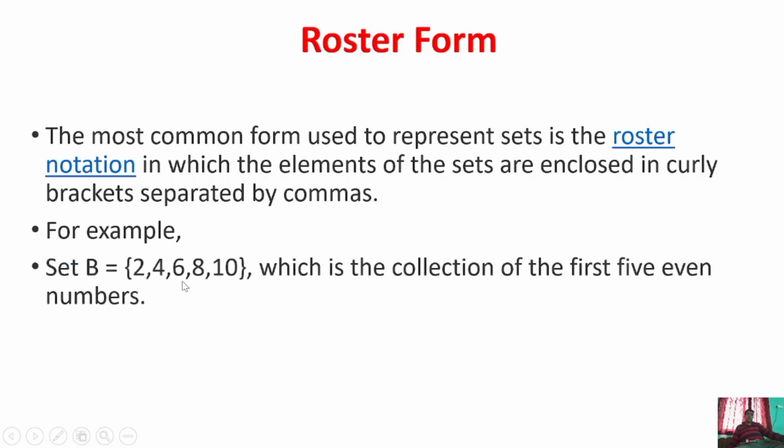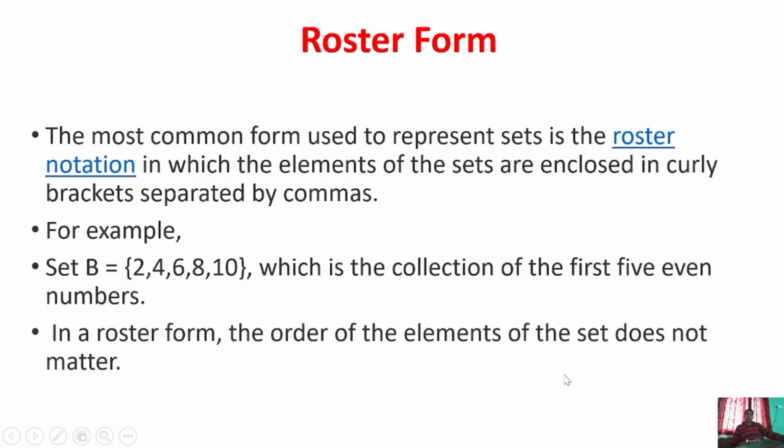For example, in set V the elements are {2, 4, 6, 8, 10}. These are the first 5 even natural numbers, all enclosed by curly brackets and separated by commas.